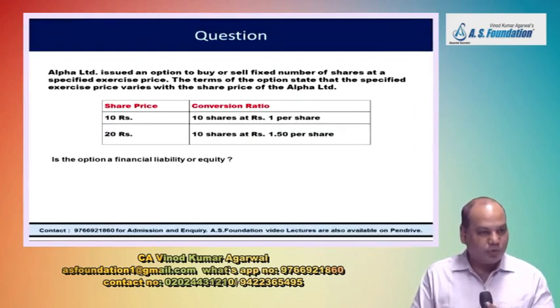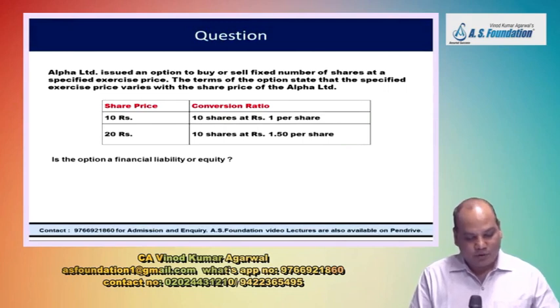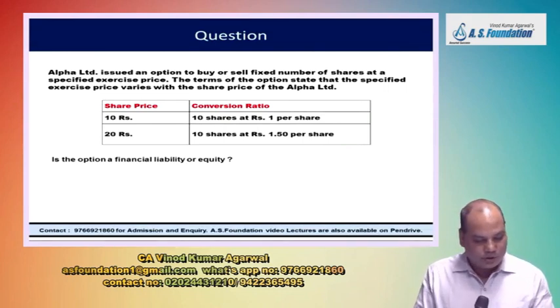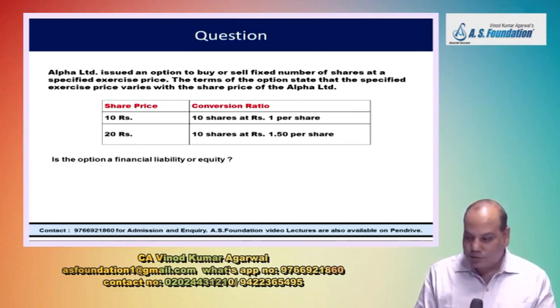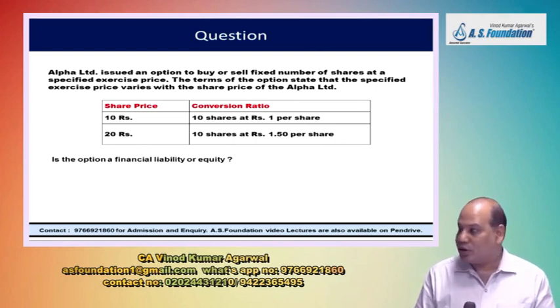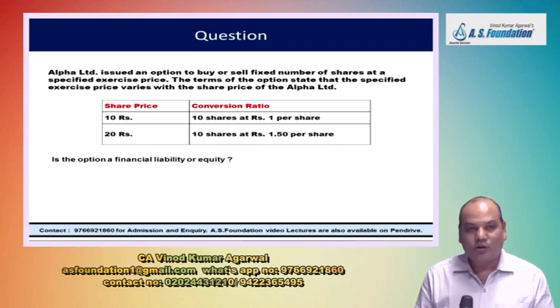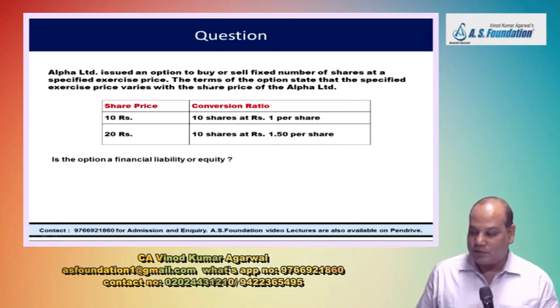Now we'll solve a few questions for clarity. All these questions are potential questions for exam purposes. So solve question number 4, I think, in your notes. Alpha Limited issued an option to buy or sell a fixed number of shares at a specified exercise price.